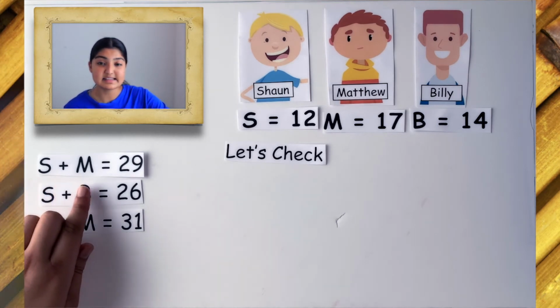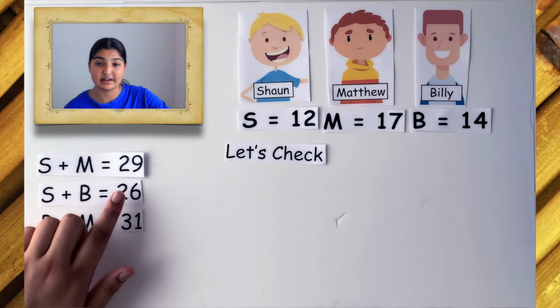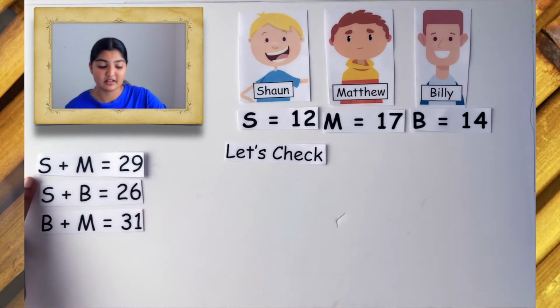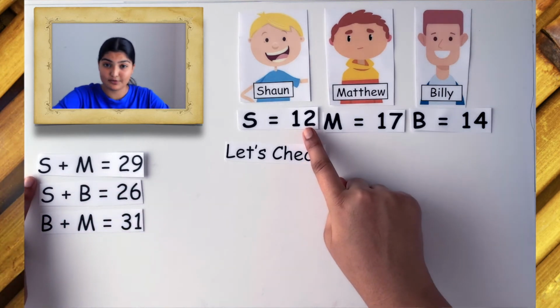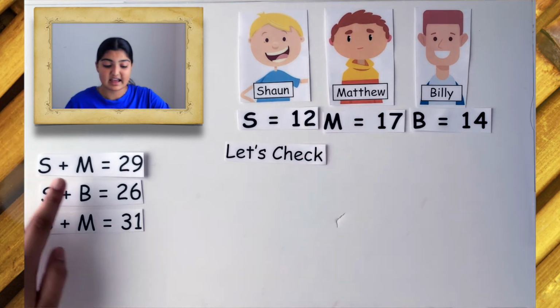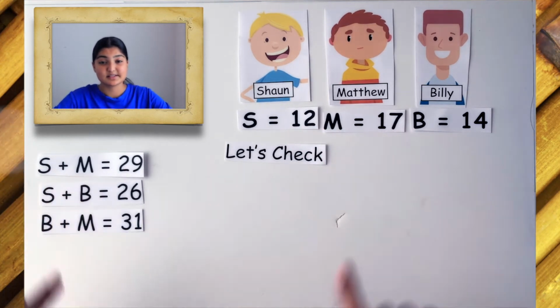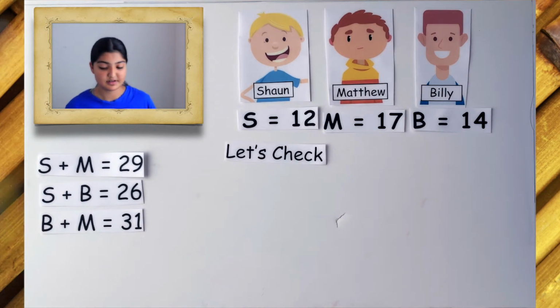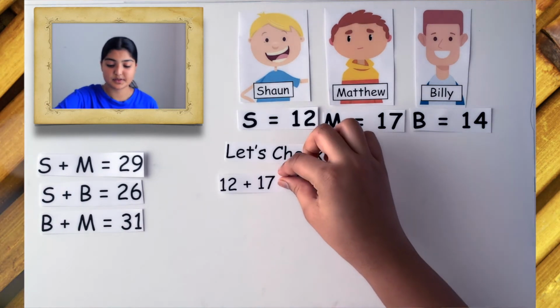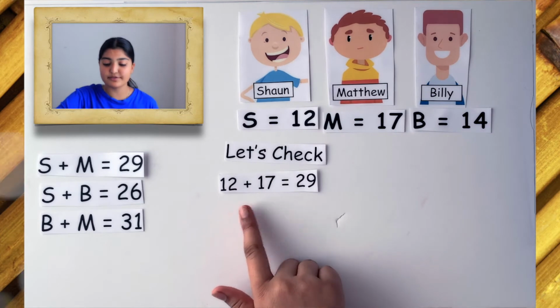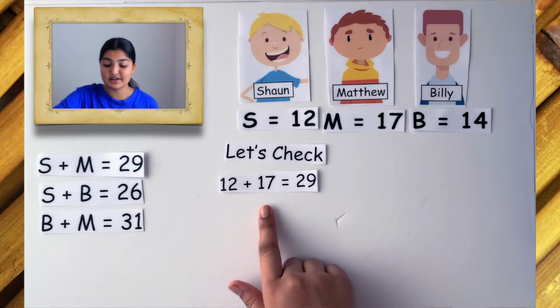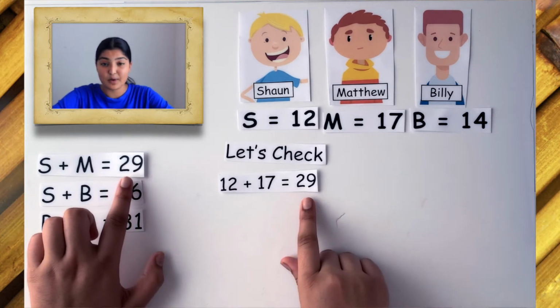S plus m is 29. Well, s is 12. And m is 17. So, 12 plus 17, which is 29.